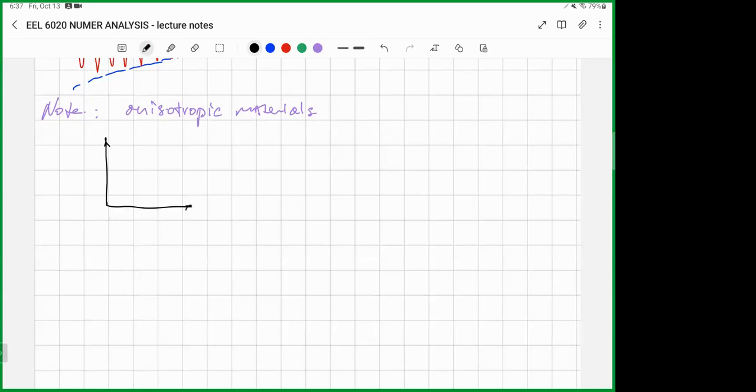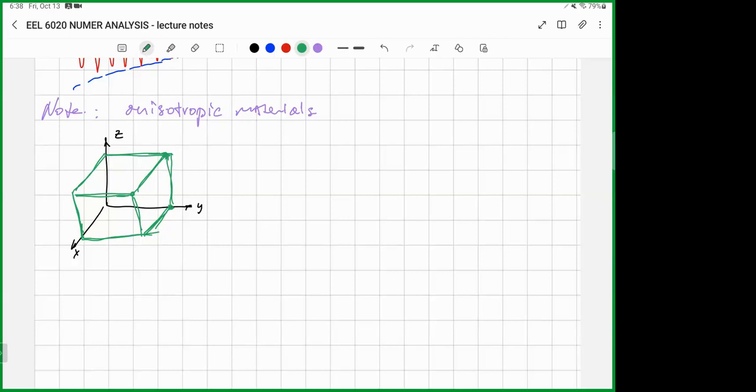Okay, for example, if I have the coordinate system like this, I have a piece of material like this. It can be some sort of crystal. It can be, I don't know, like cooking salt, or it can be glass.